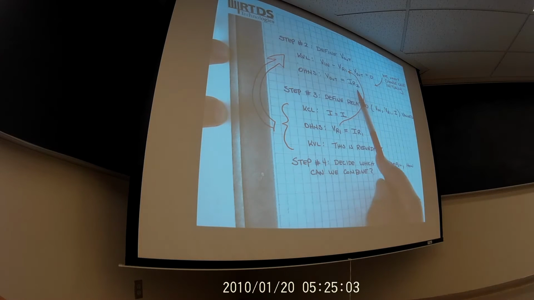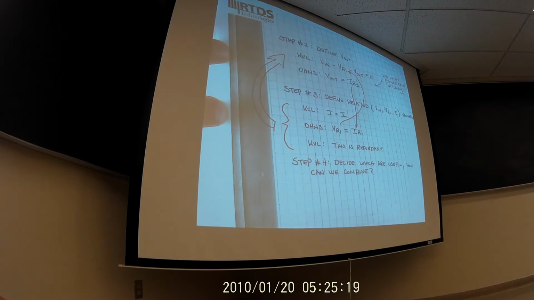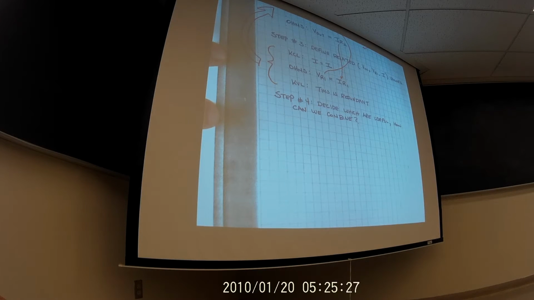Now, how could we get I to be known? Using this expression right here, right? Because we know V out, we know R2. So we can do that, and we'd end up with an expression that would only be left with the variables that we're concerned with. So I think that'll become a little more clear once we do the substitution.